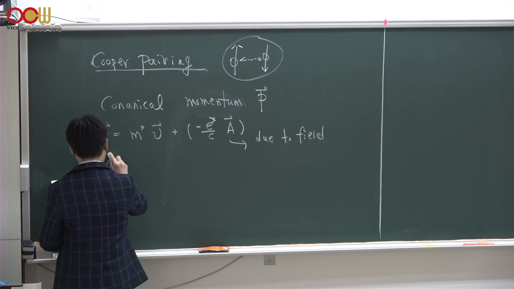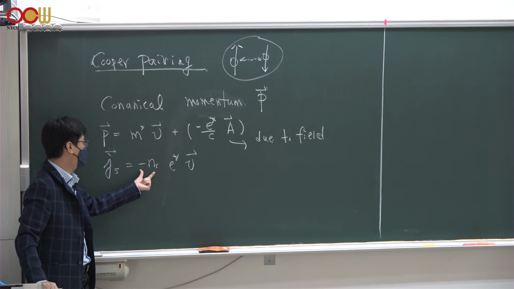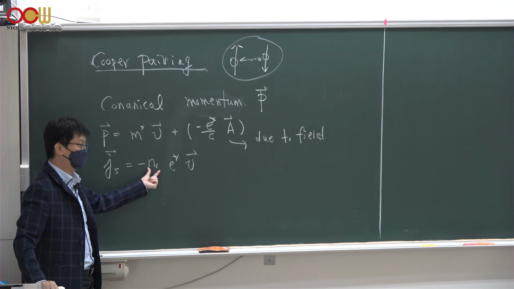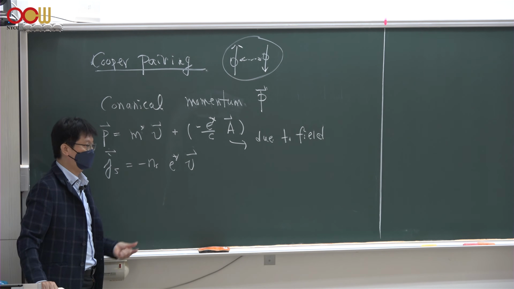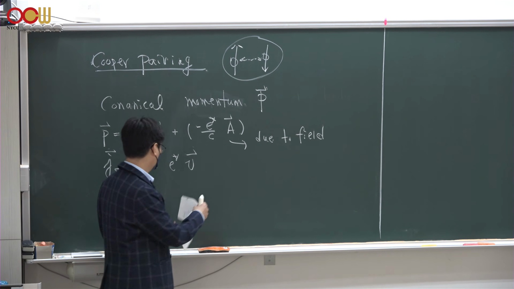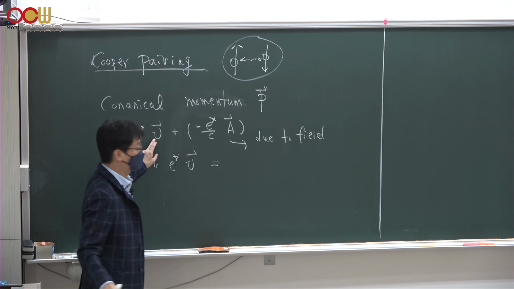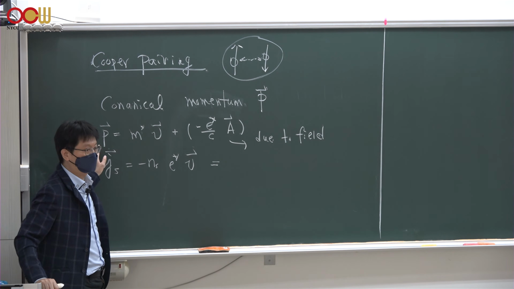Here, in the superconducting state, the supercurrent, as I defined, is given by minus the superfluid density n_s times the effective electric charge times the velocity of the charged particles. But what is the velocity of the charged particle? You could just rewrite this in terms of the canonical momentum, p.